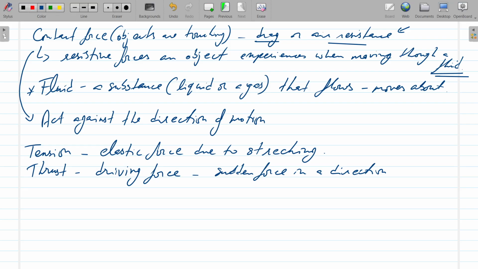So that's just an introduction of the different kind of forces that come in, and some of these we will encounter later. Some of them are just given as information.